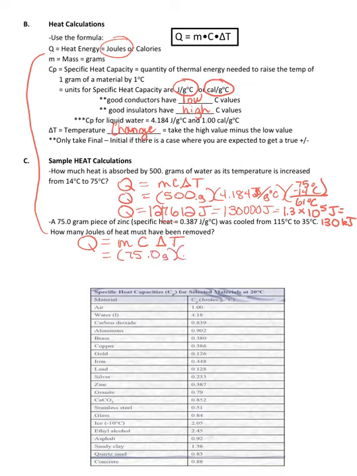The C I'm using, since it's zinc, is 0.387. And 115 minus 35 is 80, with the terminal decimal there. Solve for Q, and I get, with 2 sig figs, 2,300 joules.